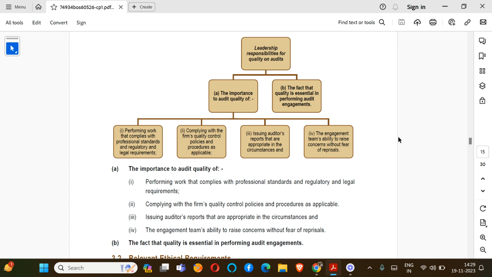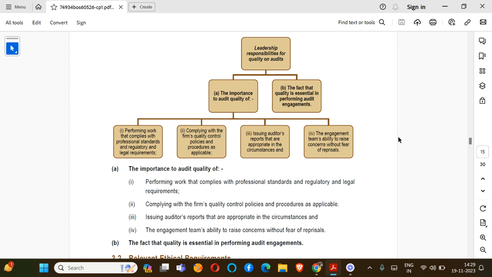Then we have to see whether the policies and procedures that we made in the firm, we are actually complying with those or not. Then we have to see whether the auditor is issuing the report appropriately or not. And lastly, we need to see whether the engagement team, the team that is going to perform the audit, is able to raise their issues and concerns without fear of reprisal.